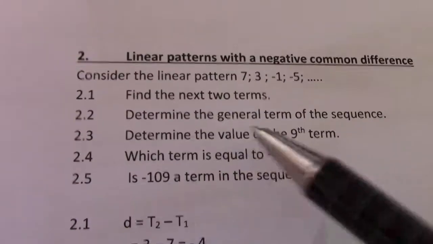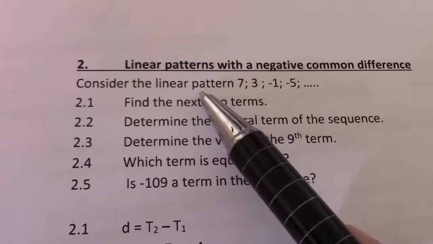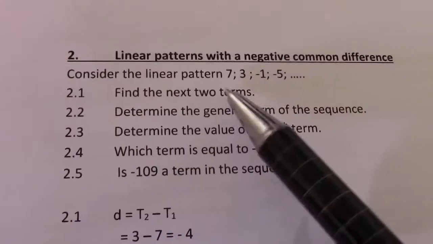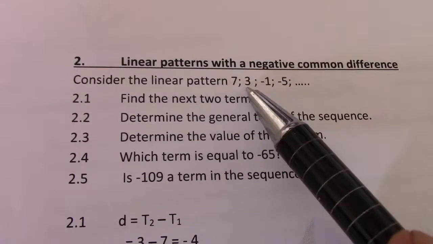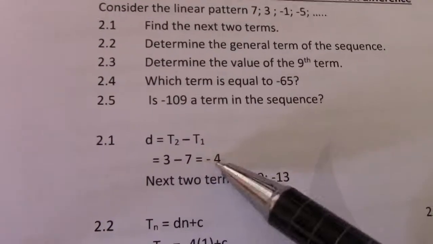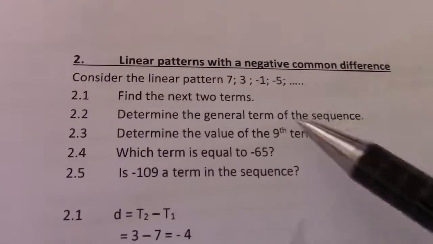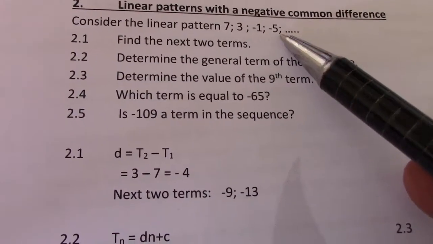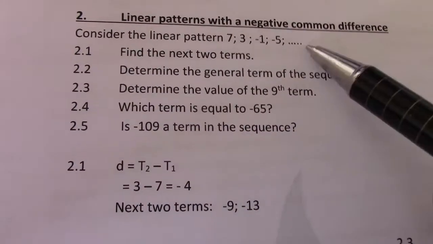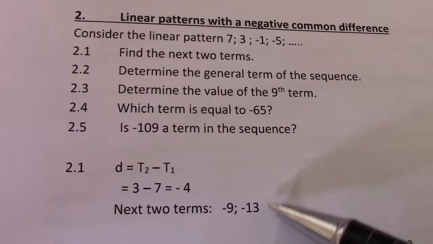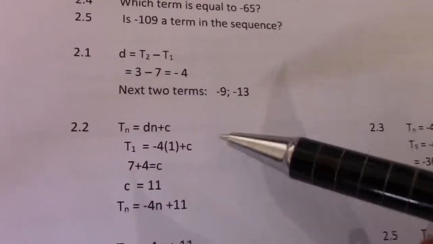So get the common difference. Linear pattern or arithmetic sequence, same thing. Term 2 minus term 1, 3 minus 7 equals minus 4. So my next two terms: minus 5 minus 4 is minus 9, minus 9 minus 4 is minus 13.